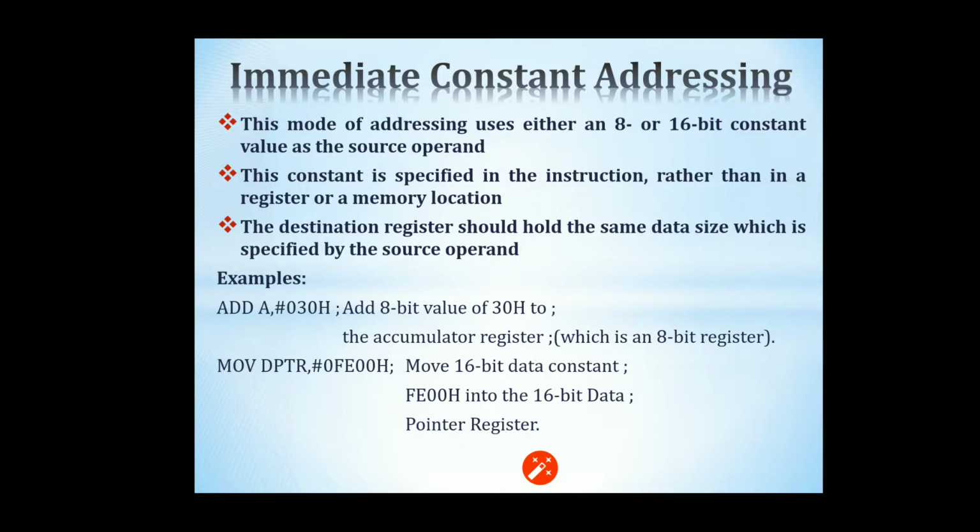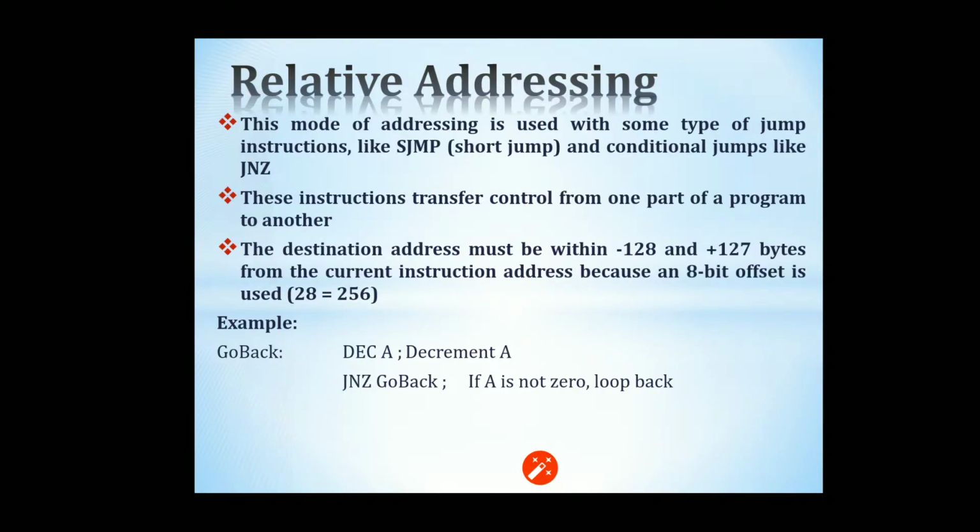This instruction adds the 8-bit value 30H to the accumulator register, which is an 8-bit register. MOV DPTR, #FE00H. This instruction moves the 16-bit data FE00H into the 16-bit data pointer. So that's why it is called the immediate constant addressing mode.